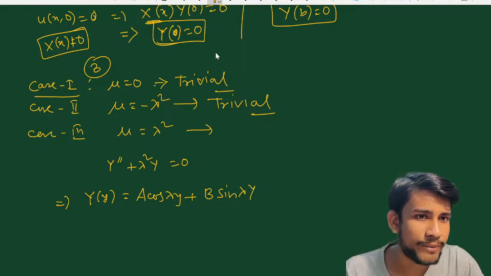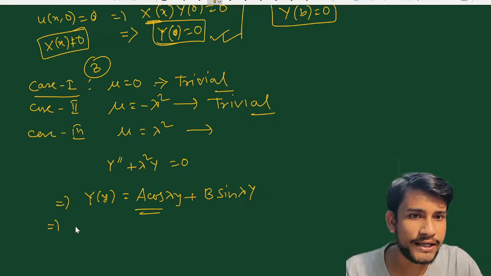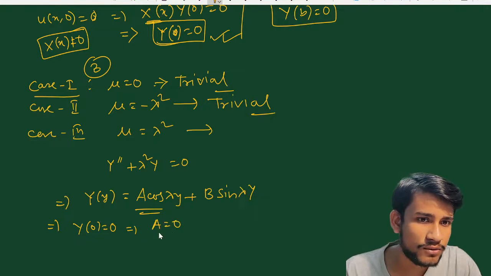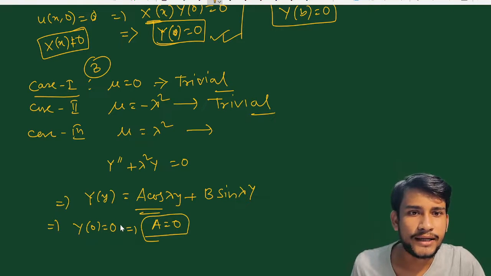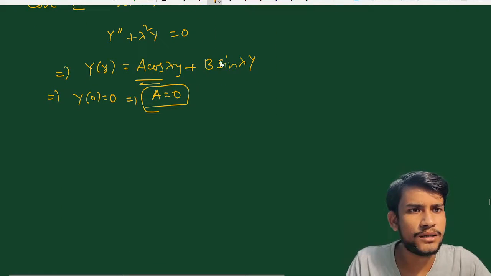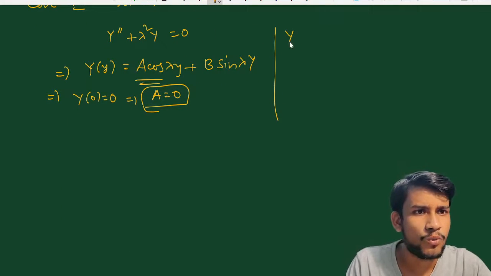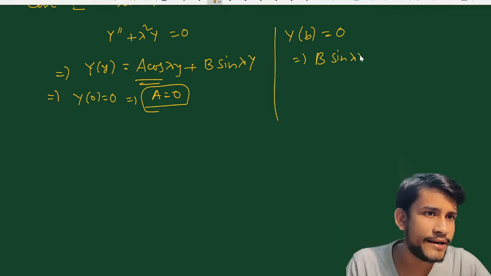Okay, and if we apply Y(0) equal to 0, the initial condition, then we get A equal to 0. Clear? And the next one is Y(b) equal to 0. Now if we apply this condition, Y(b) equal to 0, then this gives B sin lambda b is equal to 0.